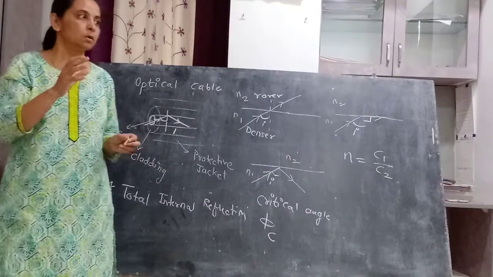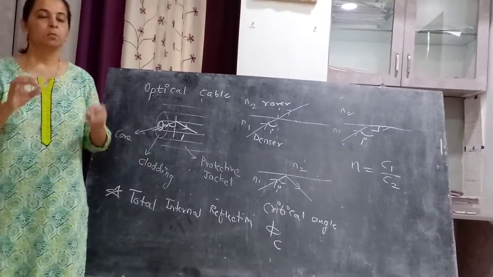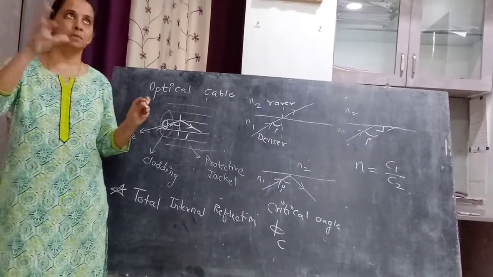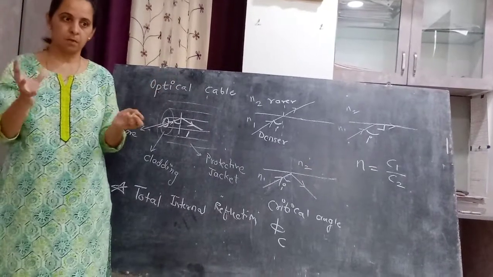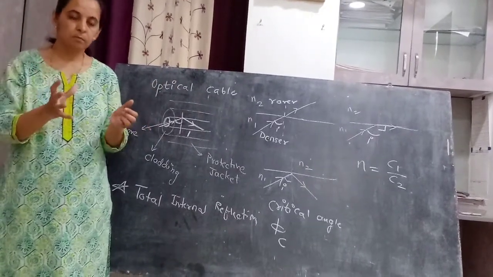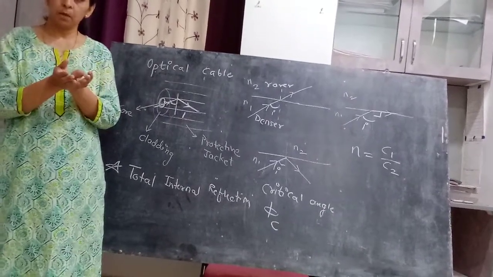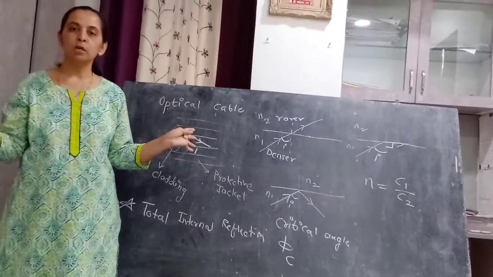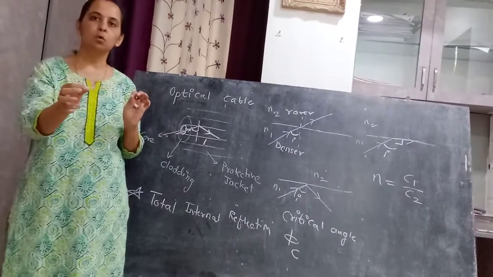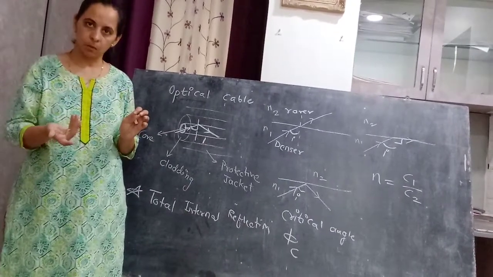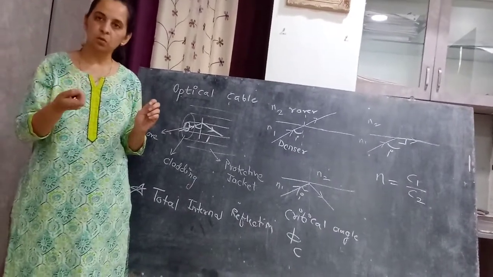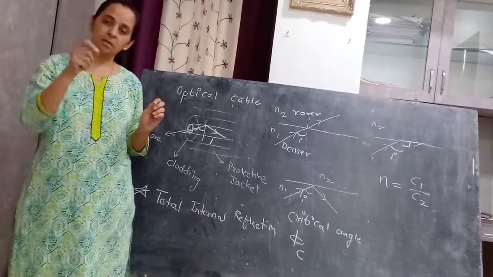Okay, so we want light, right? But you cannot use normal bulbs for light production here, because if I use a normal bulb, the light will disperse in all directions and it will not enter the core because the core is very small. So I want such a source whose diameter itself is very small.